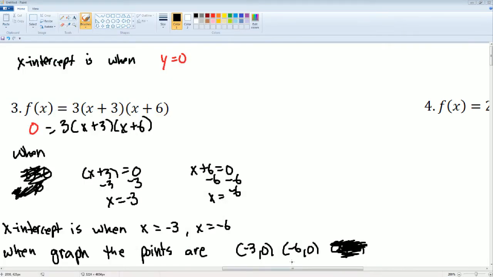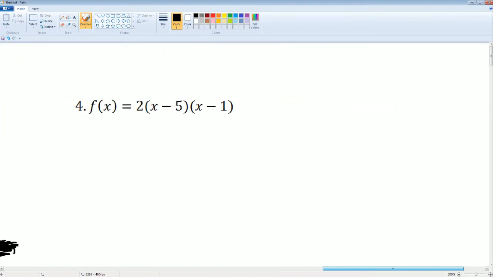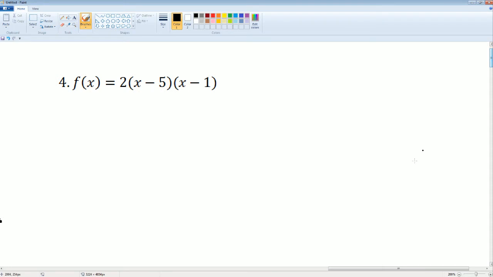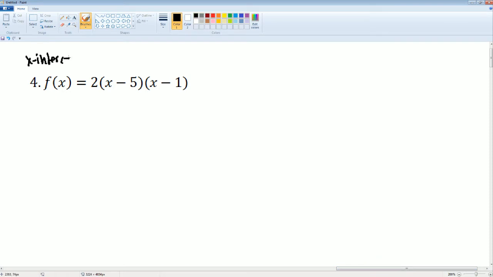Okay. Let's look at number 4. All right. So again, I'm going to repeat myself again because I'm going to have you memorize it. The x-intercept is when y equals 0.